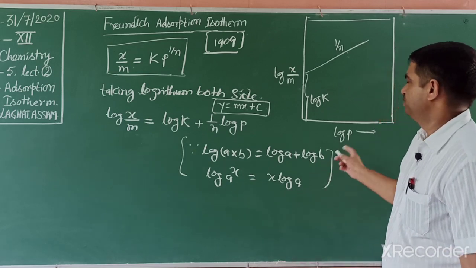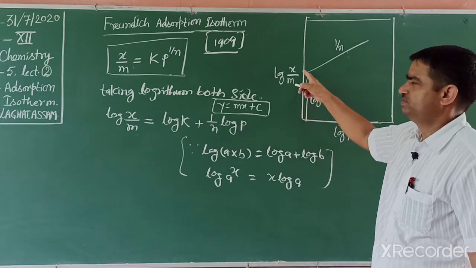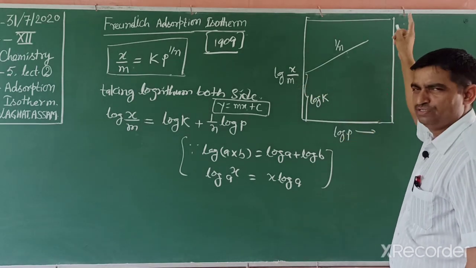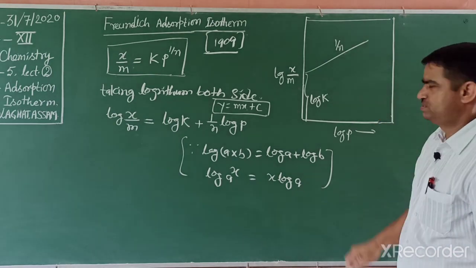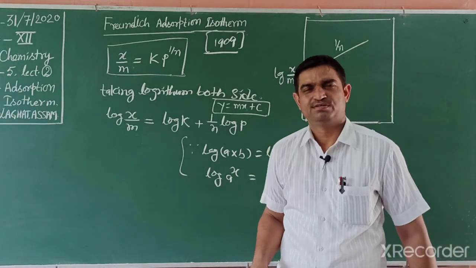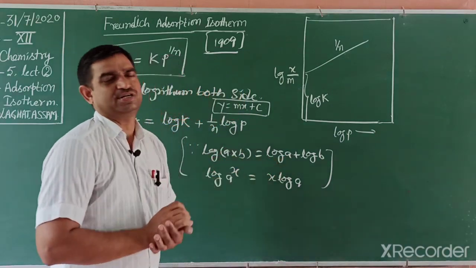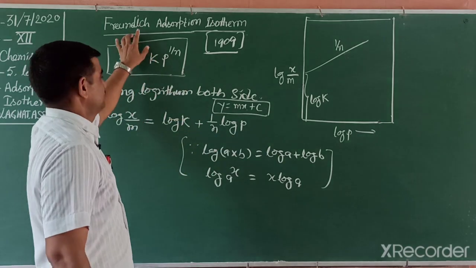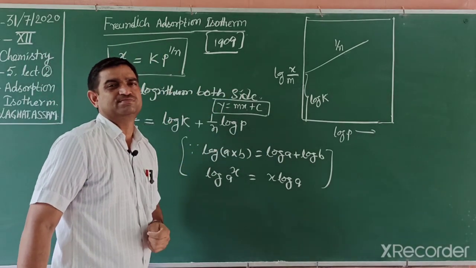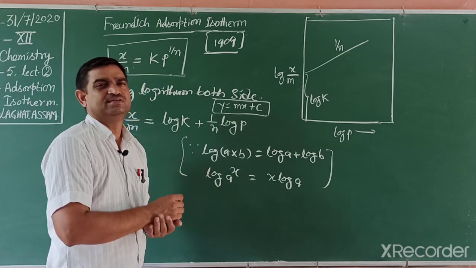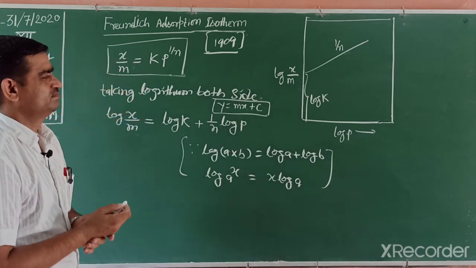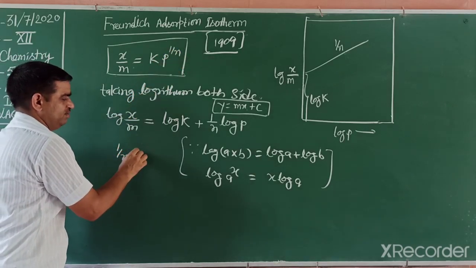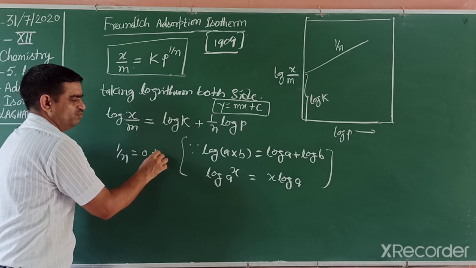So from this we can find that when pressure is lower, adsorption is less. When pressure increases, extent of adsorption increases. But Freundlich could not explain very high pressure. If you apply high pressure, it failed to explain the reason. But at lower pressure, he successfully explained it. And the 1 by n value lies between 0 to 1.